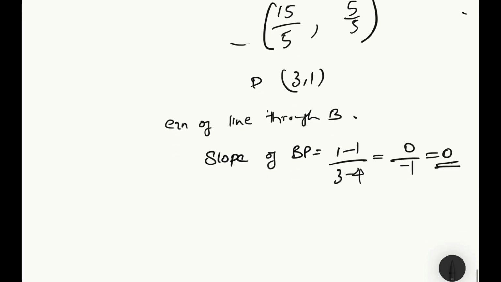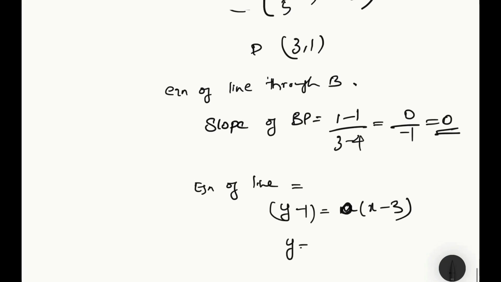So the slope is 0. The equation of the line through B will be y minus 1 equal to m into x minus 3, m is 0, so y minus 1 is equal to 0, y is equal to 1. This will be the equation of the given line.